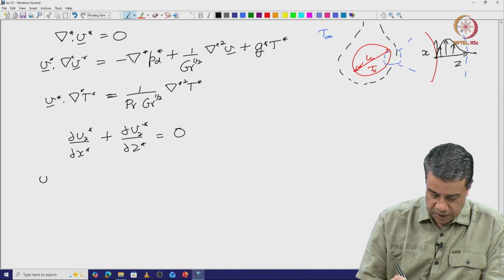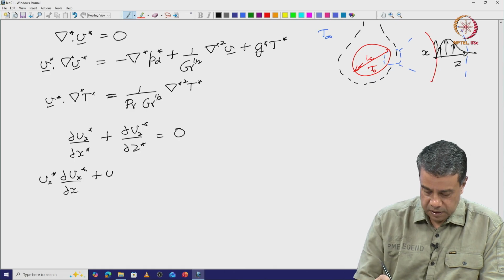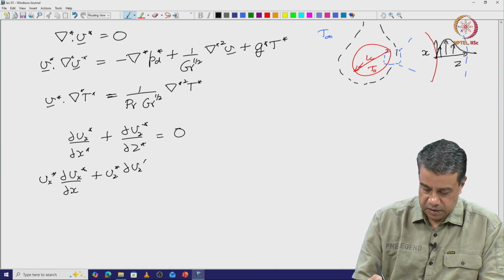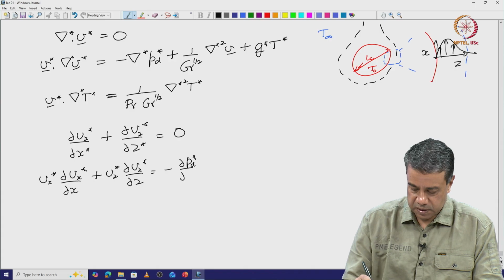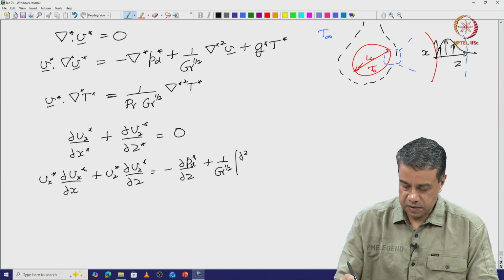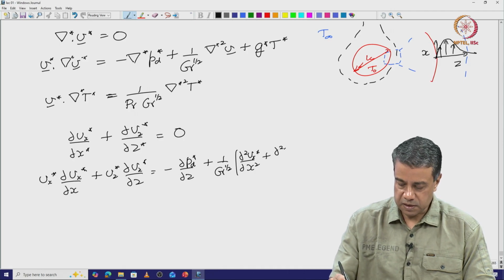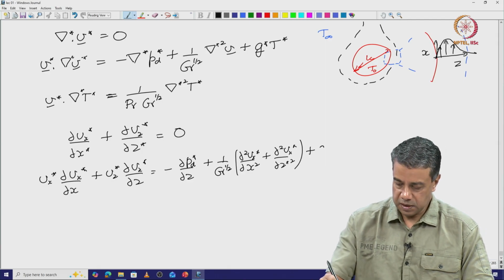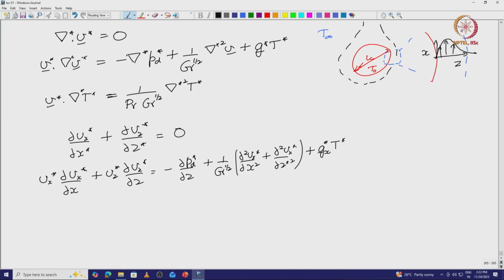Vx partial Vx by partial x plus Vz partial Vx by partial z is equal to minus partial pressure by partial x plus 1 over Grashof to the power half into partial square Vx by partial x square plus partial square Vx by partial z square plus the gravitational acceleration in the x direction times T. That is the x momentum equation.